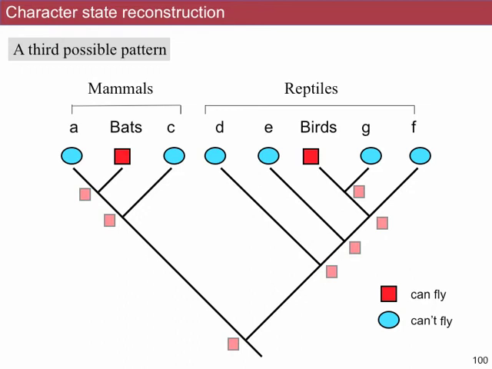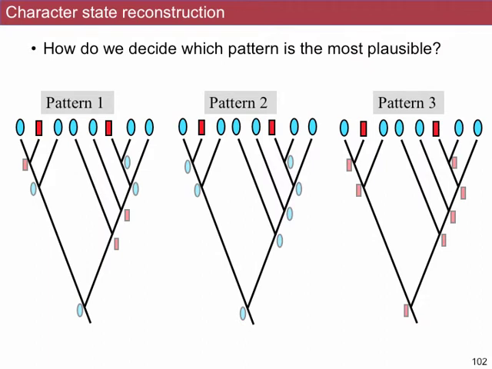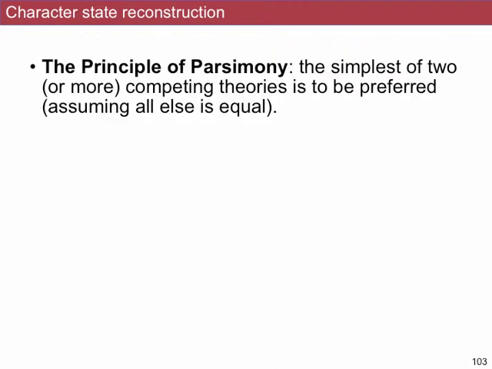And then we're going to count the number of character state changes required, given this pattern of ancestral character traits, to get the data that we have in the modern organisms. So here's pattern 1, pattern 2, and pattern 3, and we're going to count the number of changes required on those trees.